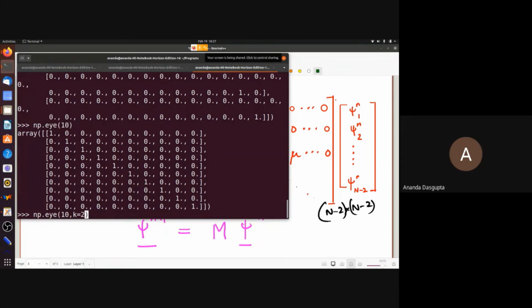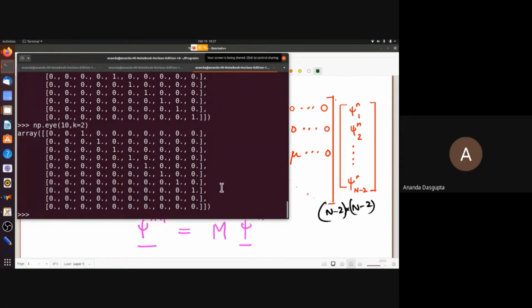That is, when you say k equal 2, notice that the leading diagonal is still 0. What has happened is that the ones have shifted to the second super diagonal. That is, shifted two places to the right. And this shifts it 2 places in the other direction. So the major diagonal is 0, the first subleading diagonal is 0, the next subleading diagonal is 1.